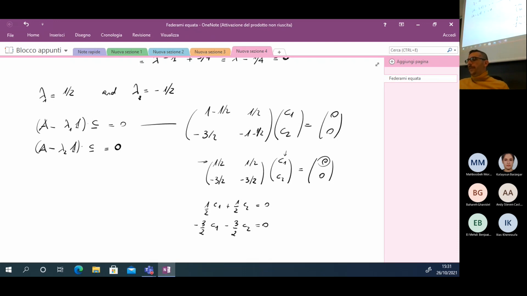The second line is just the first one multiplied by minus 3, which basically means that it does not give me anything new. The only one that I need is the first one. And the first one tells me that C1 is equal to minus C2.